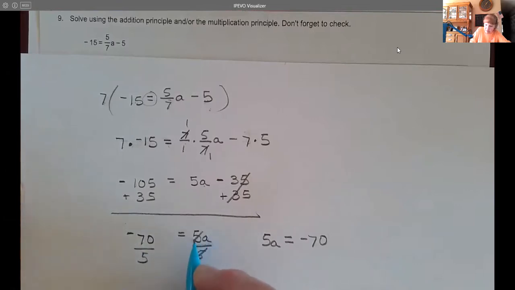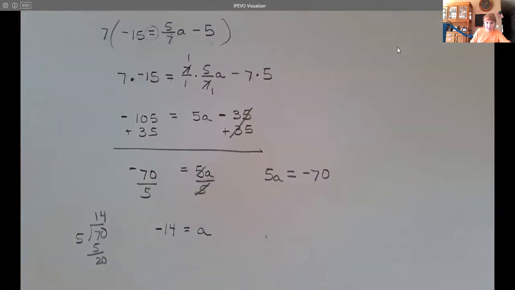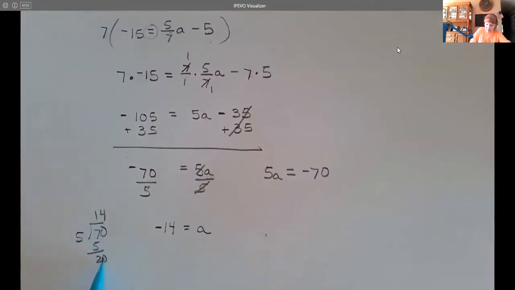I know that 5 goes into it evenly because it ends in 0. So we have a equals, let's see, 5 goes into 70, goes once, 14 times. So here, I just divided it by hand here. So that gives you 20.